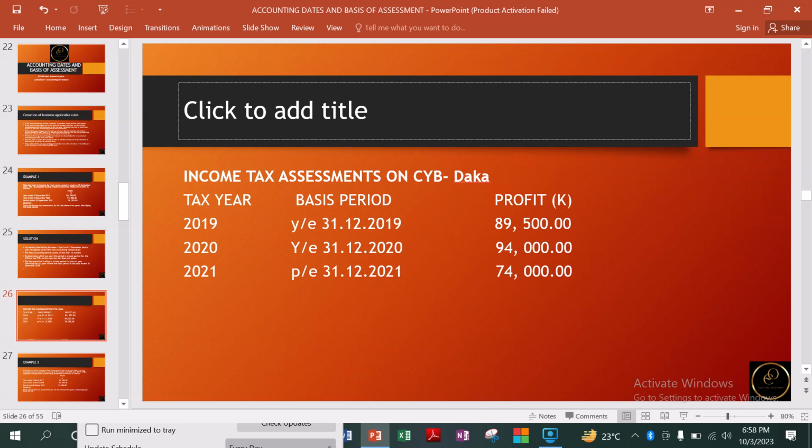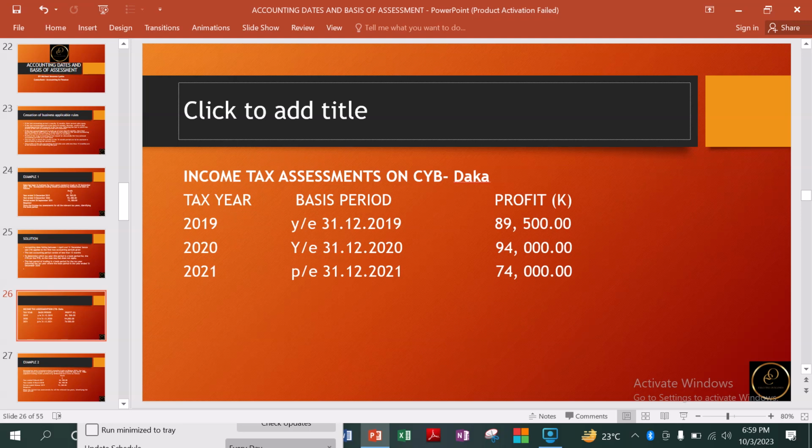The tax year is the year in which the tax is assessed. The basis period is the period in which the income to be assessed is generated. That's what we need to remember. I did emphasize this even during the previous presentation on accounting dates and basis of assessment part 1.